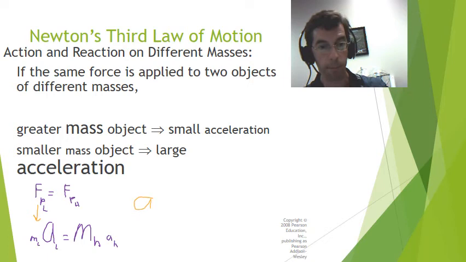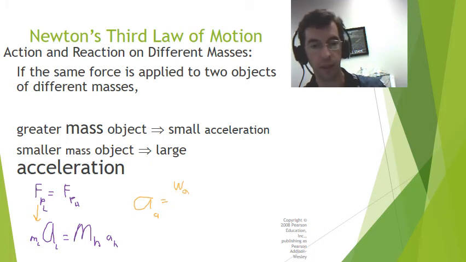The acceleration of the apple is equal to the weight of the apple, again, not really considering air resistance at this point, divided by the mass of the apple. Again, this is just Newton's second law rewritten. So, well, what's the weight of the apple? Isn't that just the mass of the apple times g?